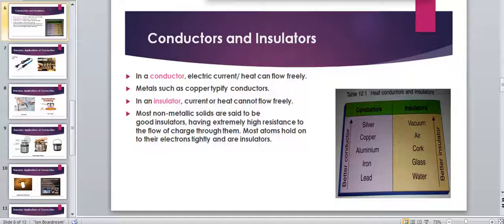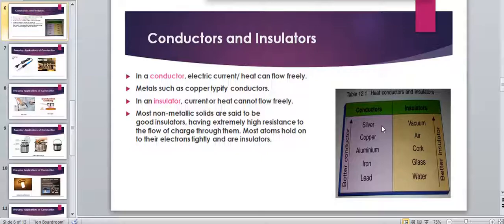So upon heating, the electrons in their outermost shell absorb the heat and start to move freely from one atom to another atom. That is the reason why most metals are conductors, and most non-metals, for example plastic, fur, wood, etc., are insulators of heat, and probably electricity as well.